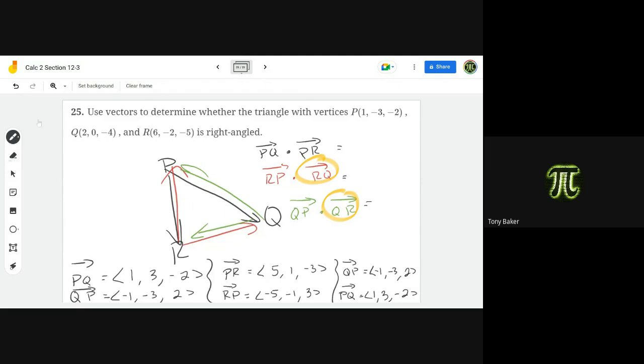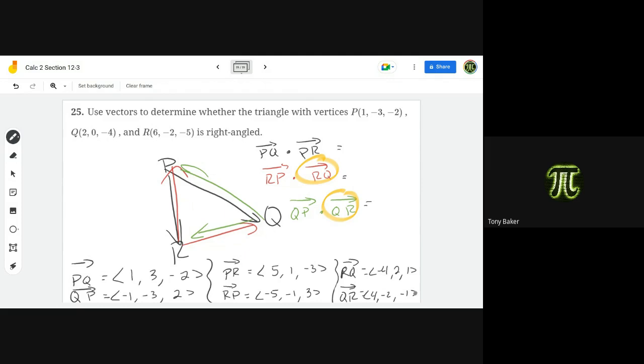I already did that one, didn't I? Which one did I miss? Oh, RQ. I'm like, wait, I'm getting the numbers and I'm like, these numbers sound familiar. So 2 minus 6 is negative 4. 0 plus 2 is 2. Negative 4 plus 5 is 1. So we got 4, negative 2, negative 1.